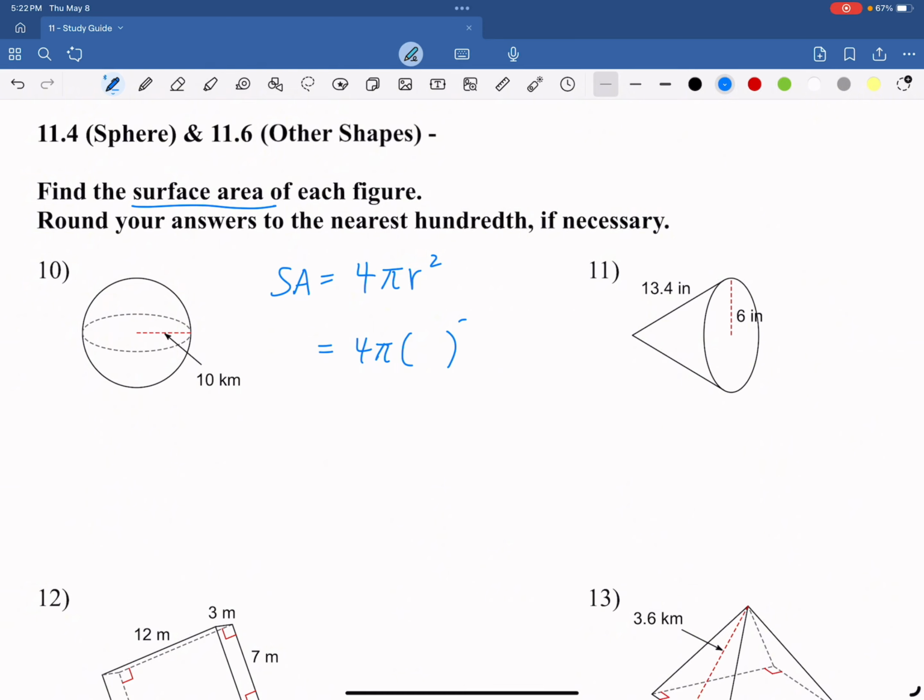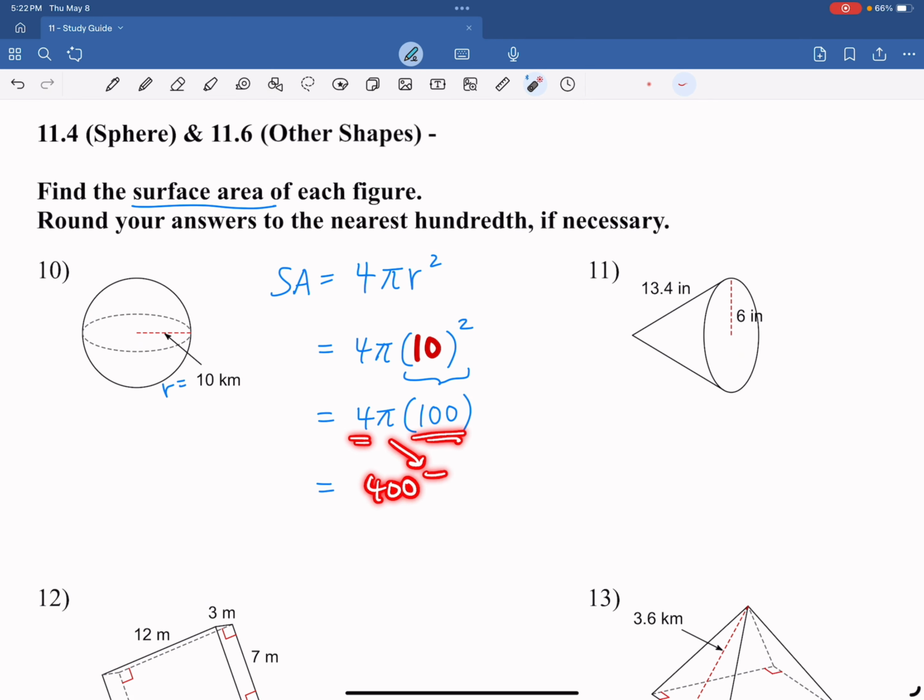Well, you have your radius. Your radius in this case is 10. Fantastic, right? This is your radius. And so this is going to be 10 squared. Well, 10 squared is just 100. And then if you multiply 4 times 100, that should give you 400. And then this pi would just drop down. So 400 pi.